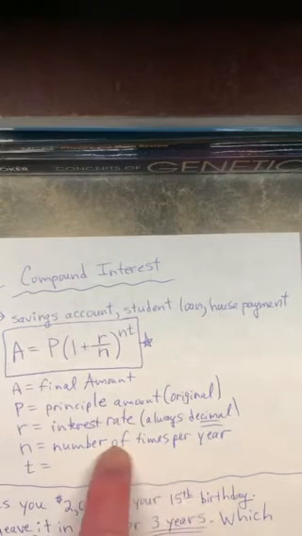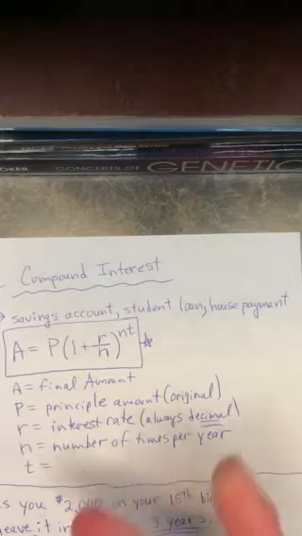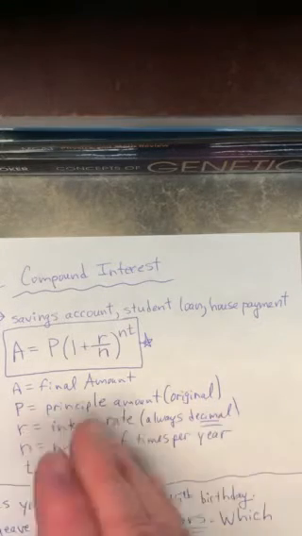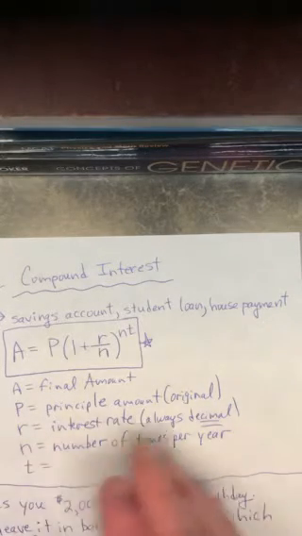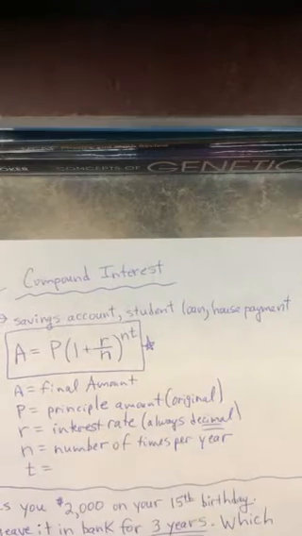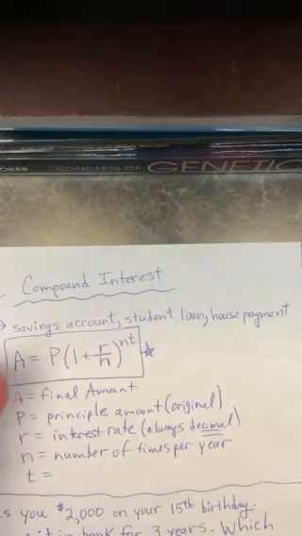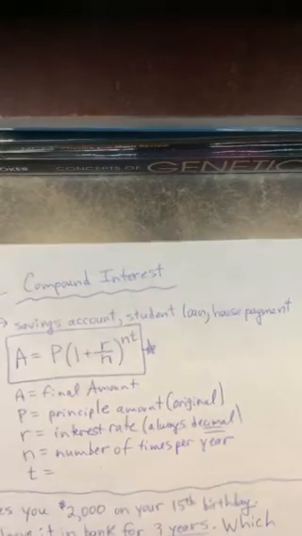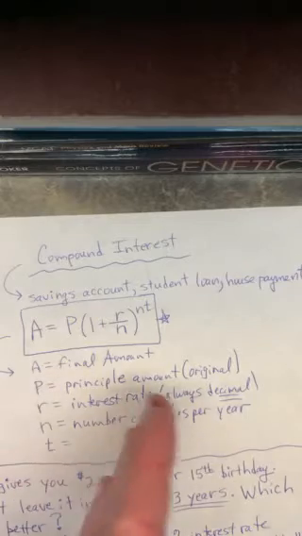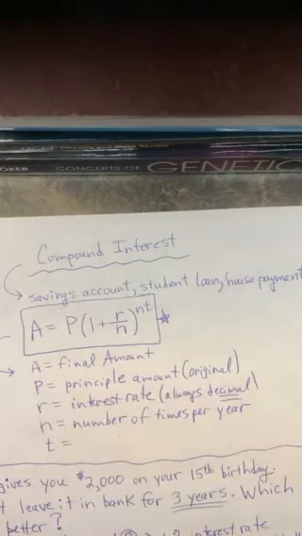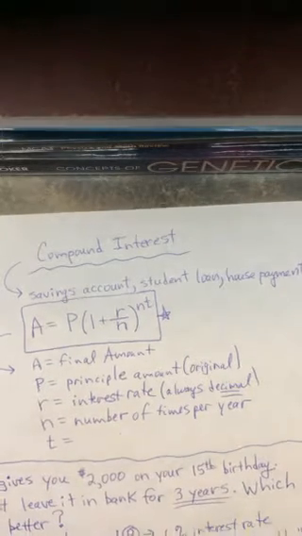So if they say semi-annually, that'd be what? Twice a year. If they say quarterly, that'd be every 3 months, right? Quarterly, so that'd be 4 times a year. If they said monthly, it would be 12 times a year. If they said daily, that's not going to happen. But then N would be 365, because daily would be 365 days a year.